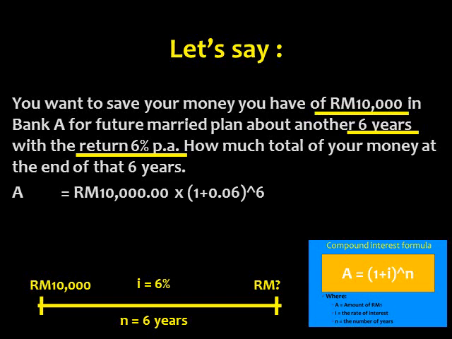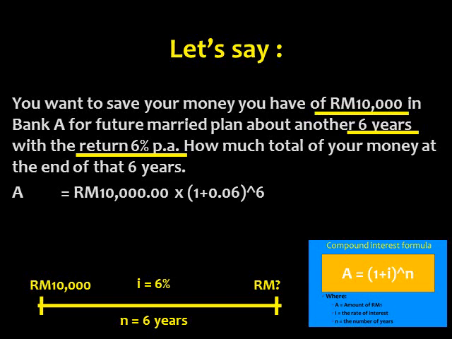So how do we do it? First we substitute the formula with the information given. 1 is 1, plus i is the interest. The interest is 6%, so it is 0.06, power of n, and n is the years, which is 6 years.